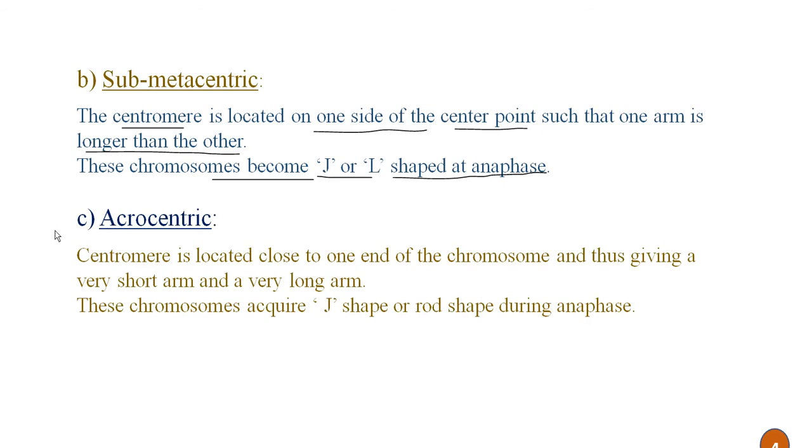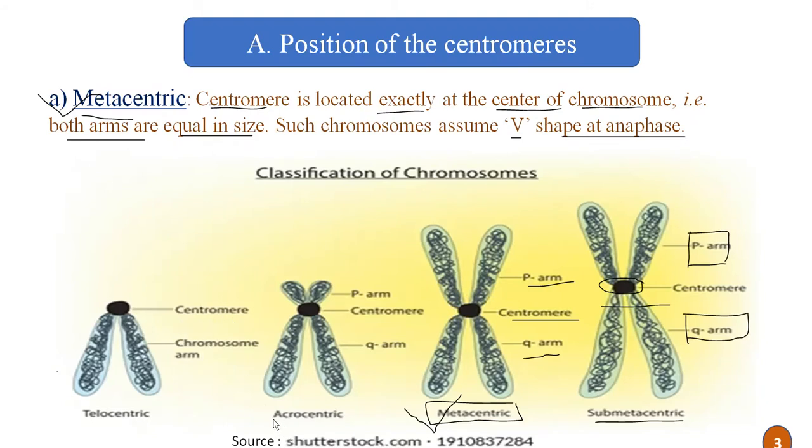The next type is acrocentric. So the centromere is located close to one end, not exactly at the one end, but close to one end of the chromosome, and thus giving a very short arm and a very long arm. We can see here in the previous diagram also, acrocentric.